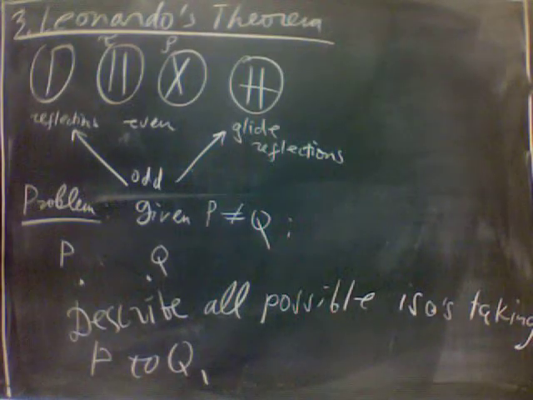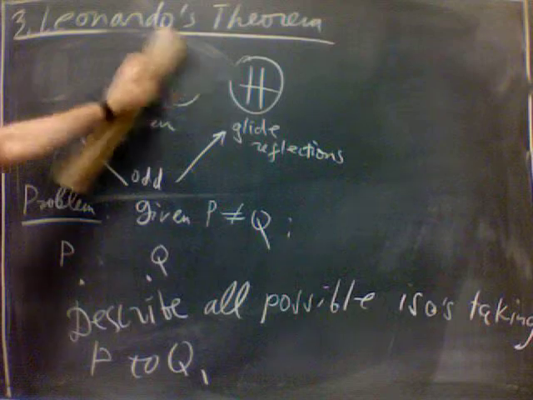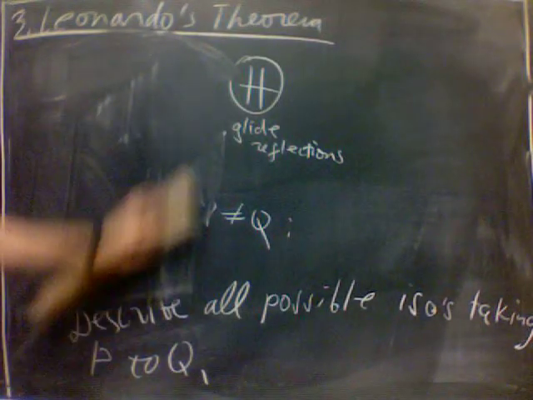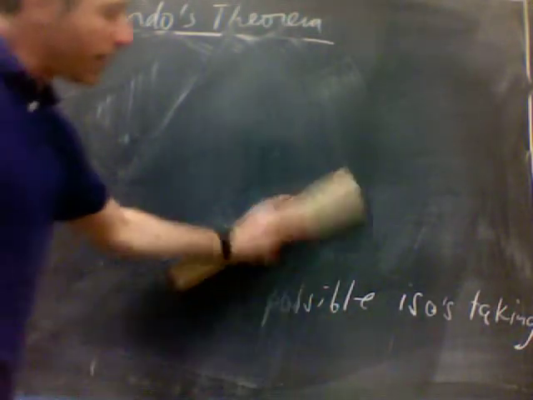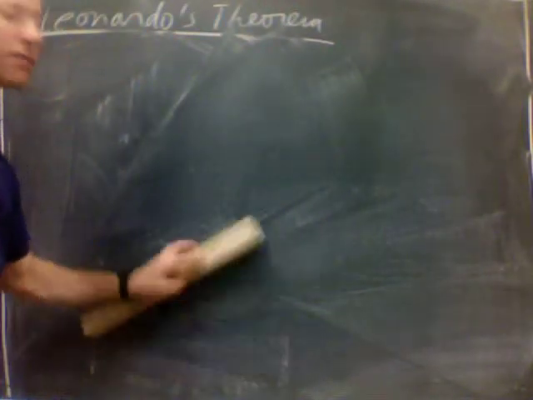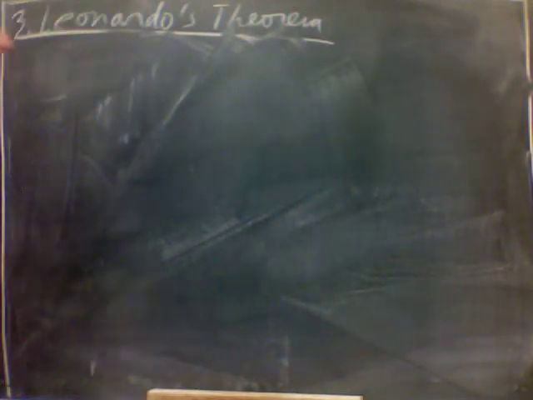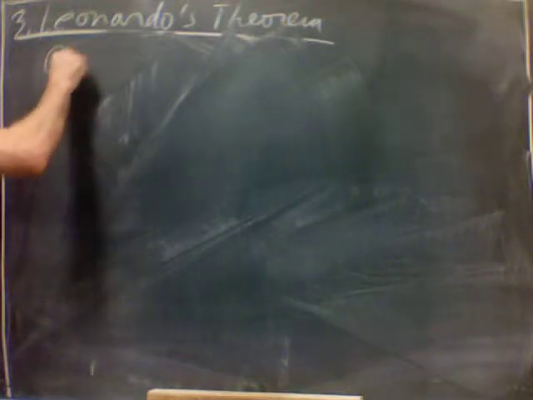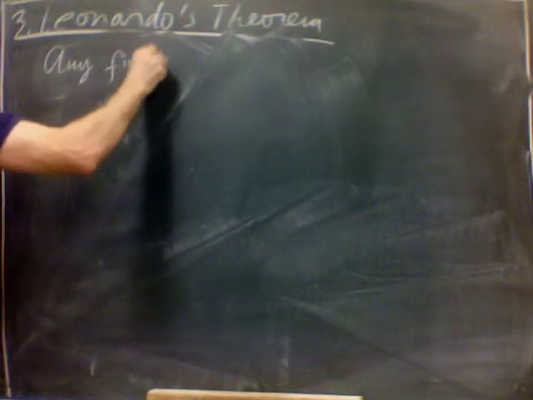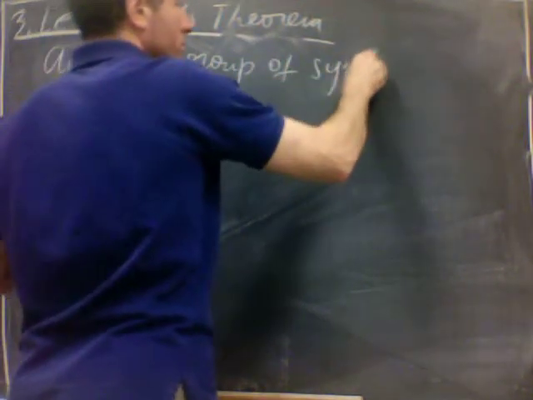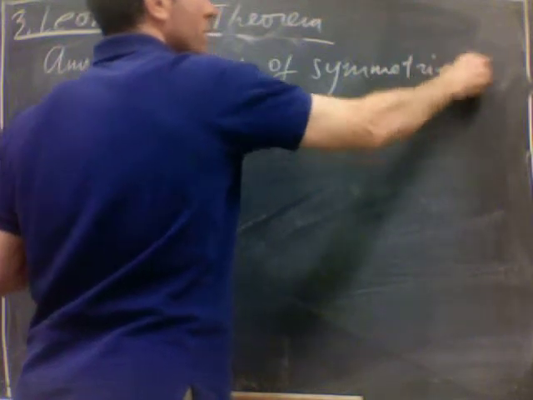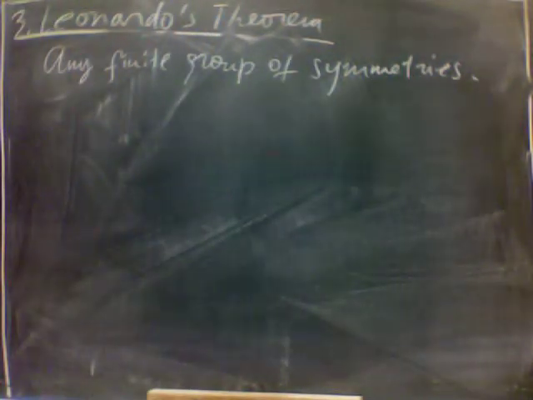Let's talk about Leonardo's theorem. Leonardo's theorem states in our terms that if you deal with any group of isometries that are symmetries of some figure, so if you deal with any finite group of symmetries, then actually we know what it is.